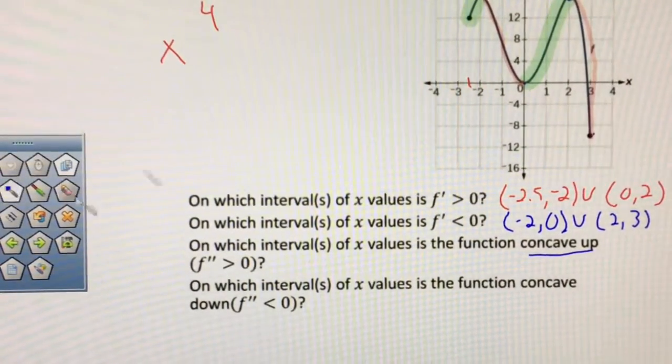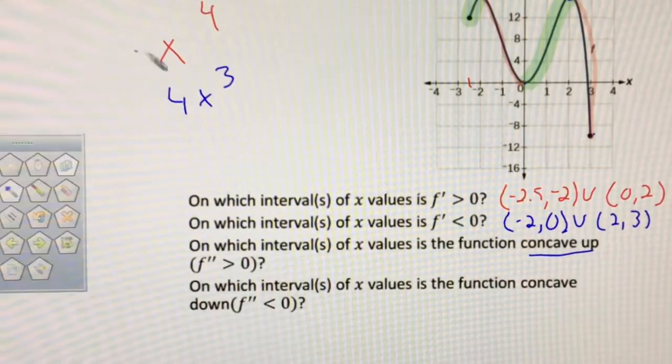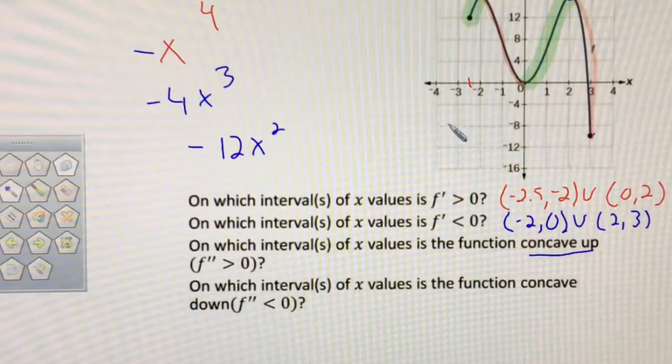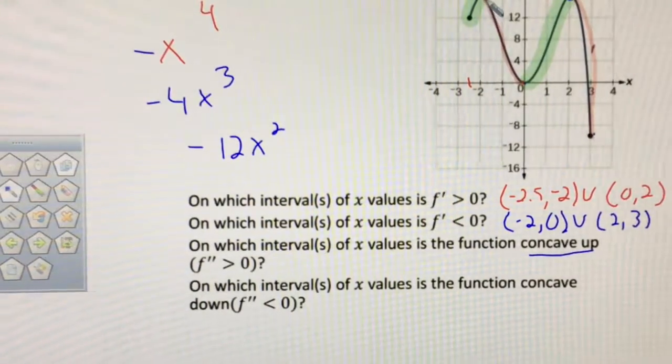It's actually that. The derivative of that would be 4x cubed. The derivative of that would be, I'm sorry, negative 4x cubed. The derivative of that would be negative 12x squared. It's decreasing.